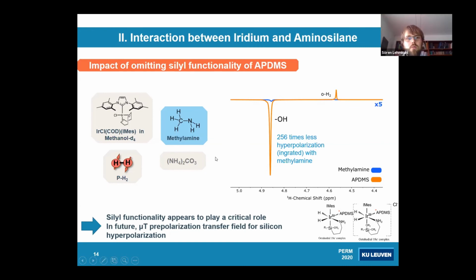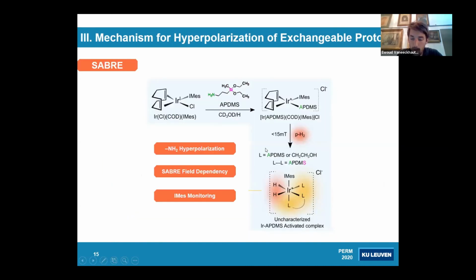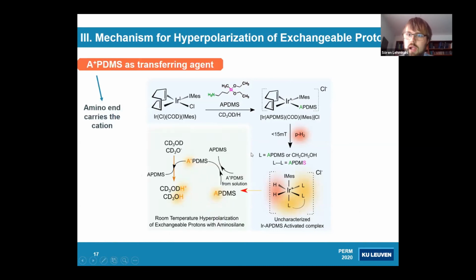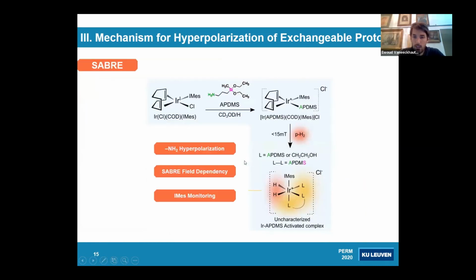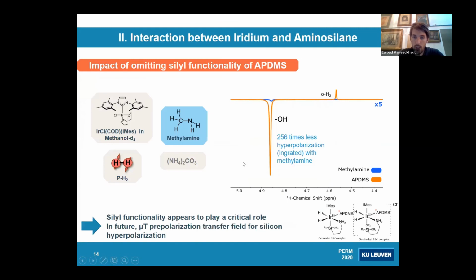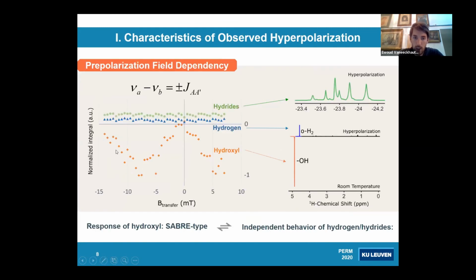Okay. Well, on a similar subject about the mechanism, question: have you ruled out a 1H FIP type mechanism? Yes. One of the things we based our results on was the really SABRE type of hyperpolarization we get here.